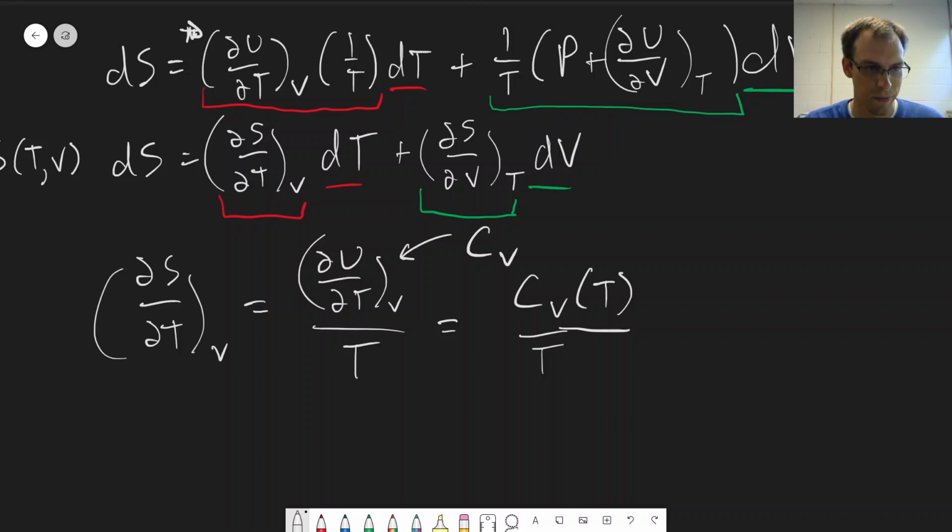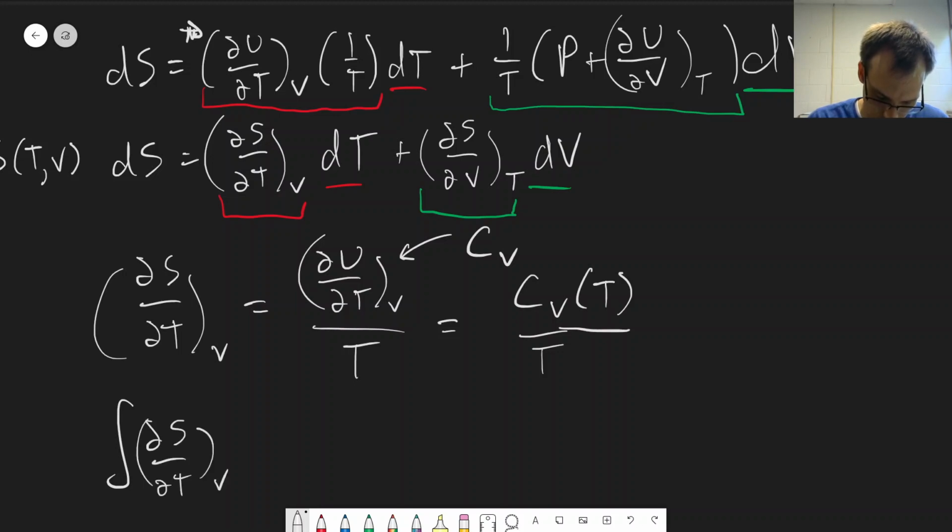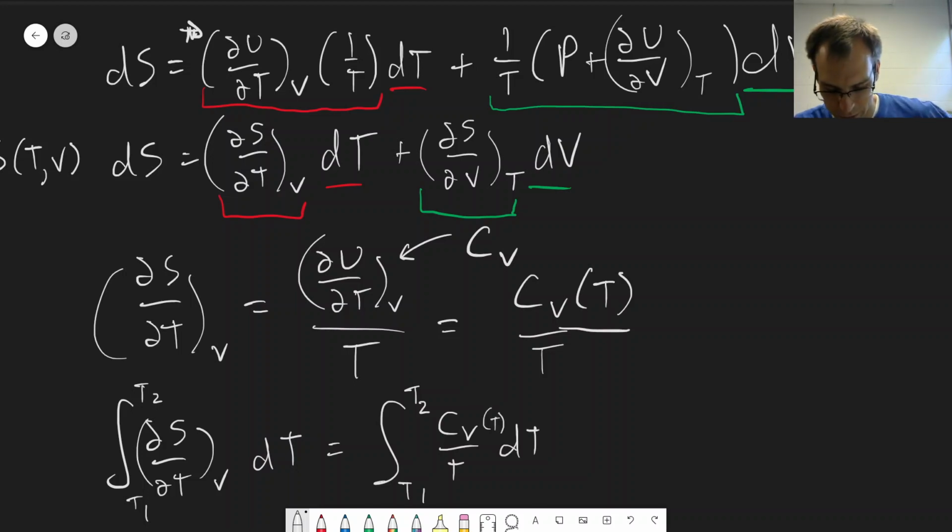If we can do this at constant volume, then if we wanted to find a change in entropy, we can integrate. So we can say the integral of (∂S/∂T) at constant volume dT, going from T1 to T2, is the same as the integral from T1 to T2 of Cv over T dT. Now Cv, again, is a function of temperature.